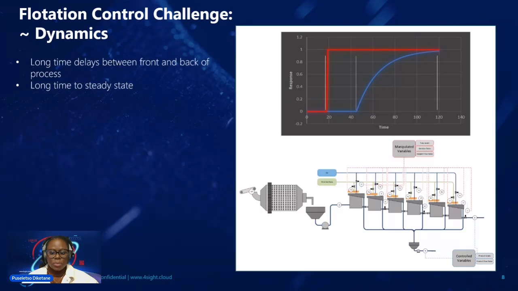This means that it takes quite a long time for changes made in one of the flotation cells to pass through your system and reach restabilization again. So if one of your flotation cells is disturbed, it will take quite a long time to restabilize your flotation circuit because the disturbance still has to pass through all the different flotation cells.